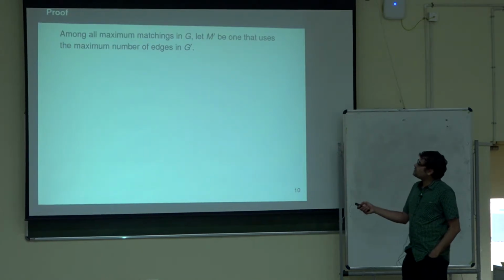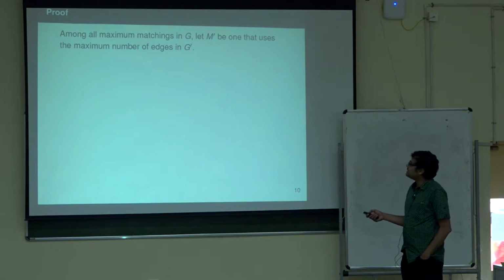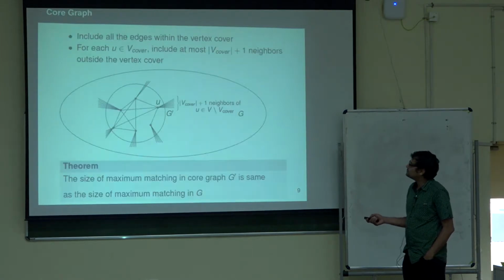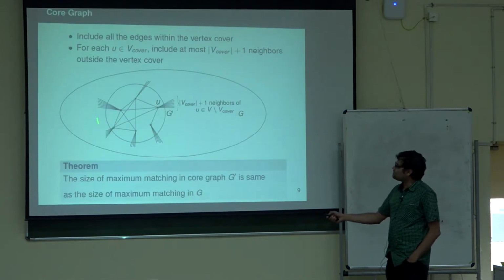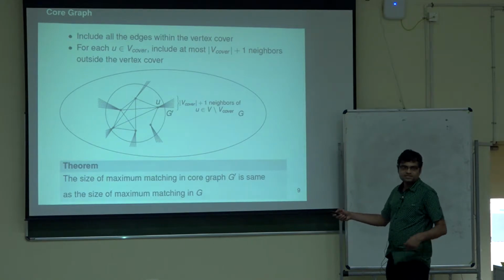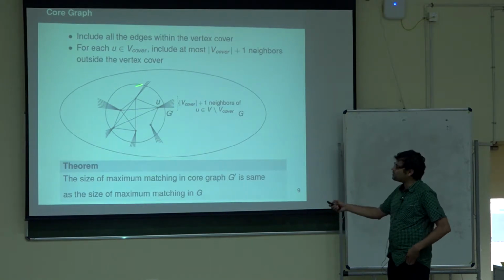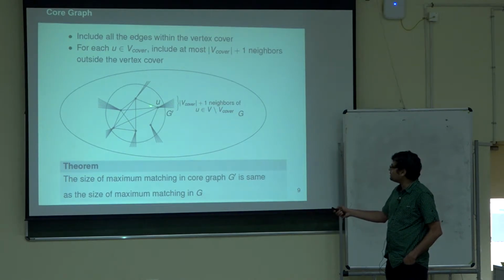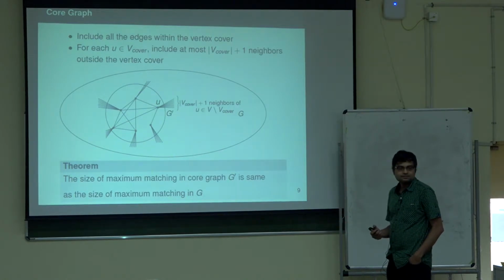Among all the maximum matchings in G, let M prime be the one that uses the maximum number of edges in my core graph, G prime. So you include all these edges which are inside the vertex cover, where both endpoints are in the vertex cover, in your core graph. And for each vertex U in the vertex cover, you include at most V cover plus 1 neighbors outside the vertex cover.